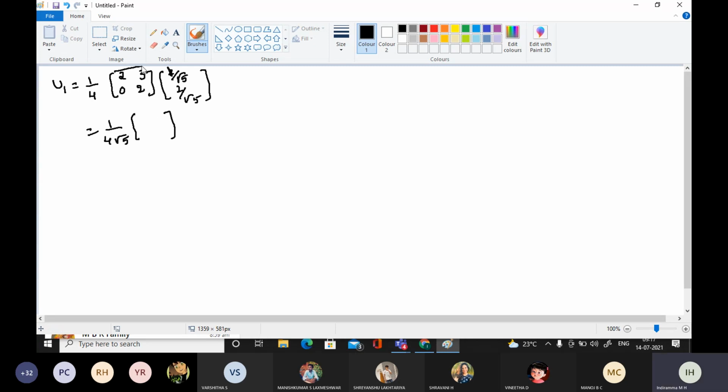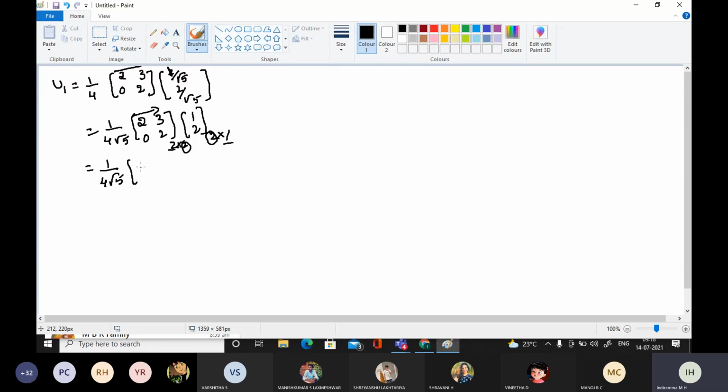After taking common, we have 2, 3, 0, 2 into 1, 2, times 1 by 4 into root 5. It is of order 2 cross 2 times 2 cross 1, so after multiplication you will get a matrix of order 2 cross 1.